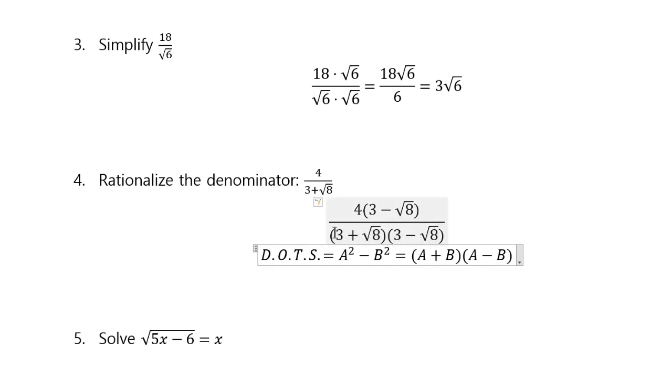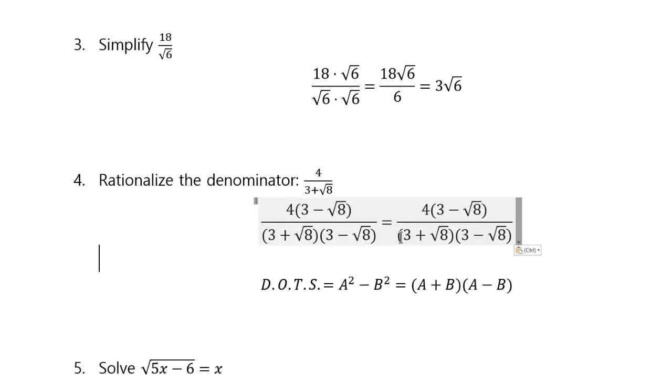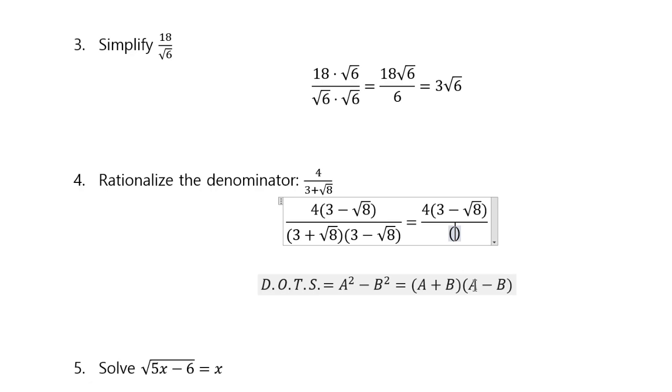So you can see that this one looks exactly like this side, which means if you FOILed it, you will get a squared minus b squared. So in other words, the denominator will not be that one, but it will just be 3 squared minus square root of 8 squared.